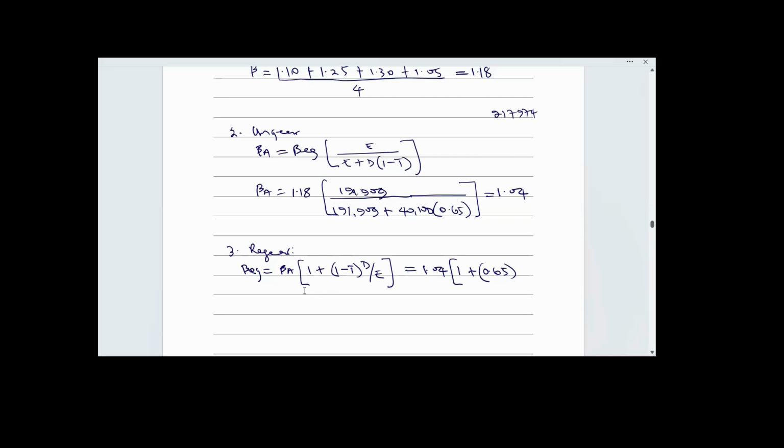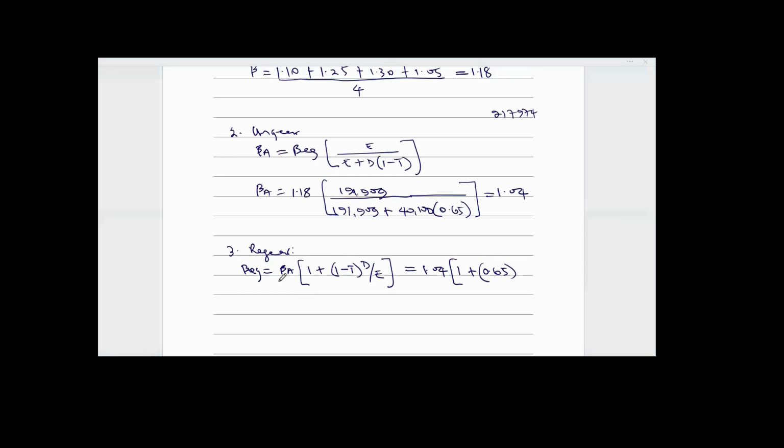Remember, from step 3 up to step 5, you need the information of the main company. From step 1 and step 2, you need the information of the proxy. So let us go to the question and pick the debt value and equity value of Kilimanjaro, which is the main company.